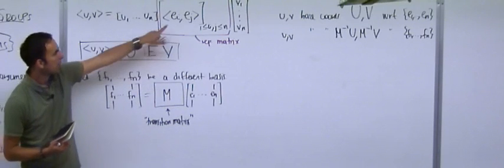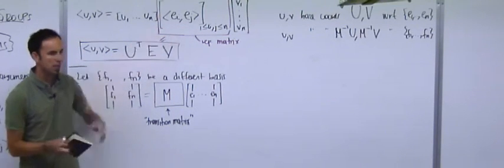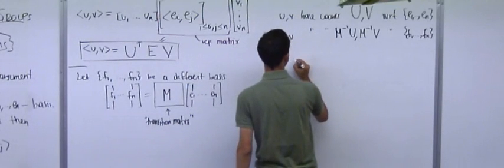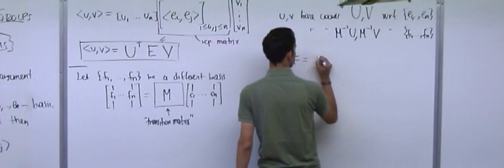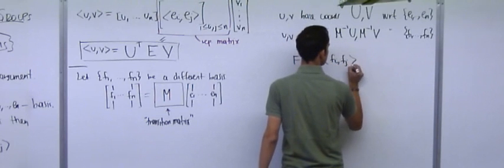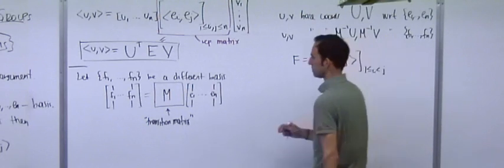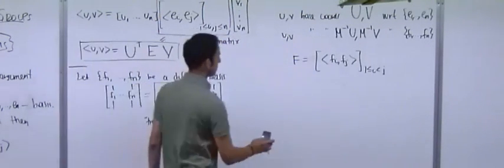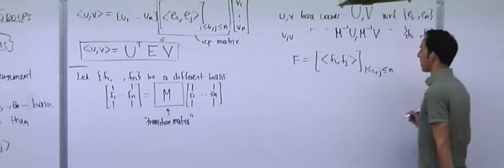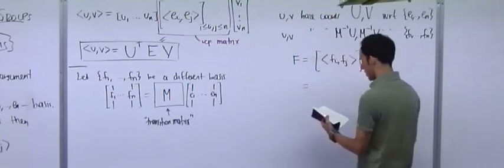And now the question is, what does this become? Okay. How can I write the matrix of inner products Fi, Fj in terms of the one for Ei, Ej? Unfortunately, there's a nice way of doing that also, which is that if you want to know what this matrix looks like, well, basically, it's going to be this.